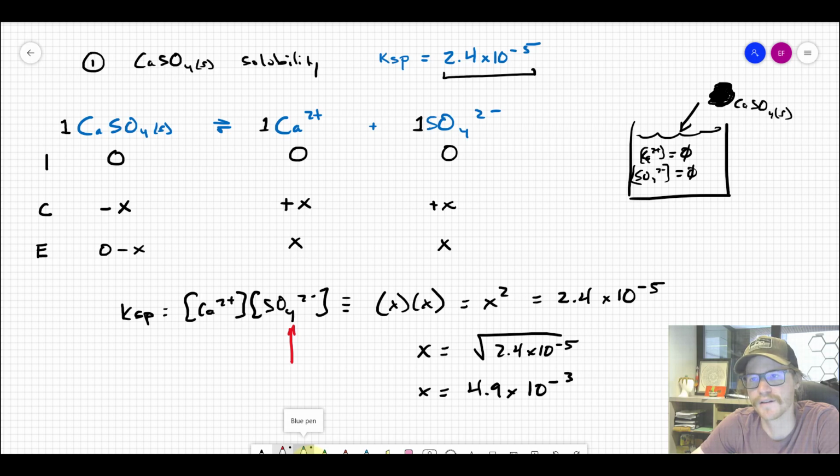Remember, that's the implicit assumption, that we're using units of molarity, moles per liter. So we end up with 4.9 times 10 to the minus 3 molar, or roughly 4.9 millimolar.